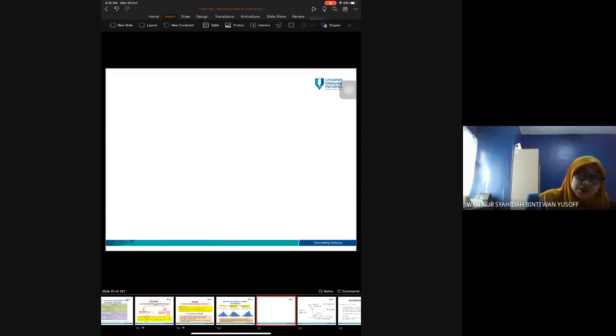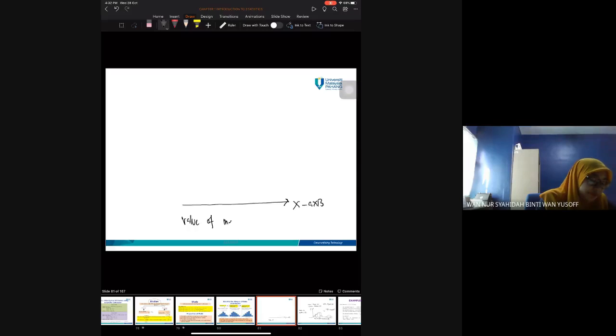So we plot only on the x-axis here. The x-axis is based on the values of the mean, median, and mode.